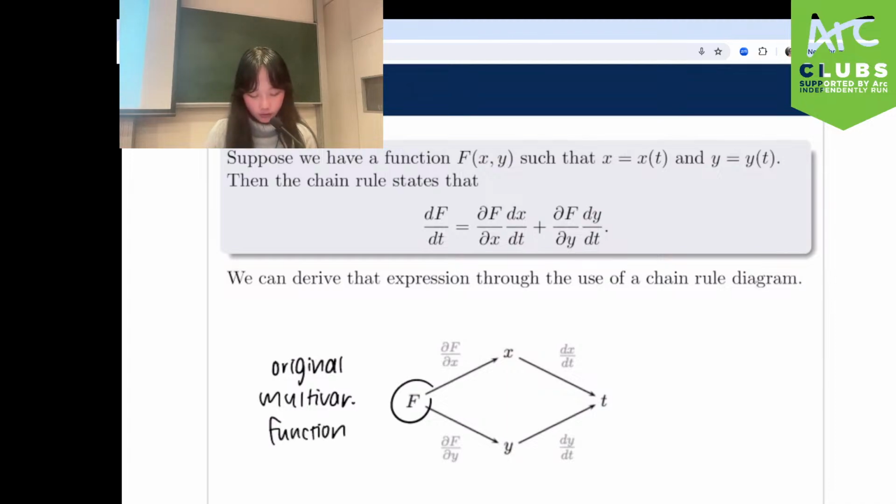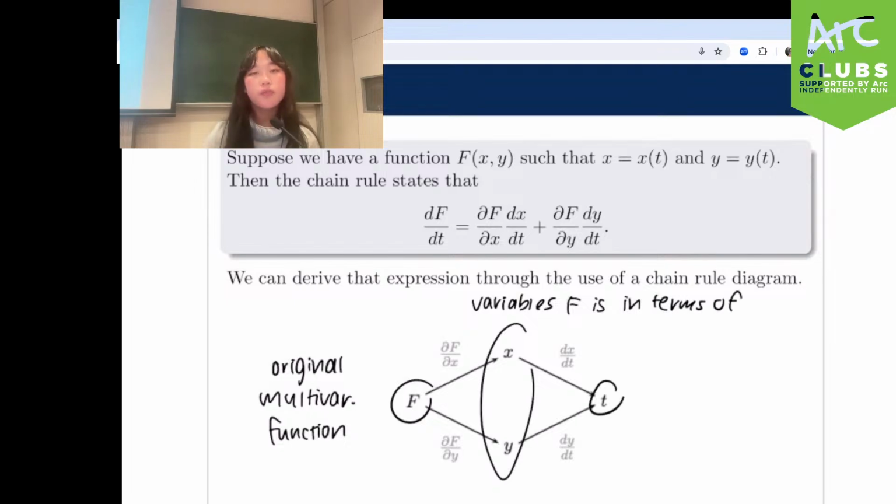And x and y are the variables that f is directly in terms of. And t is the variable that x and y are in terms of.